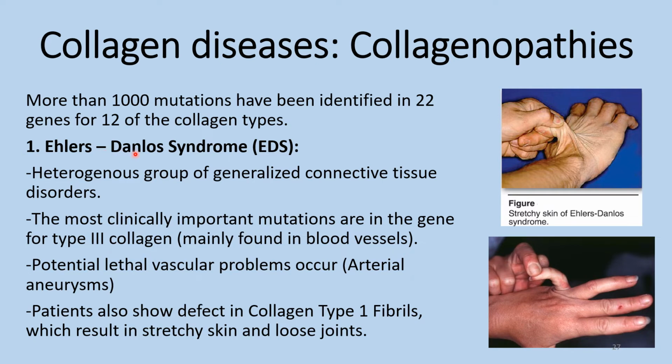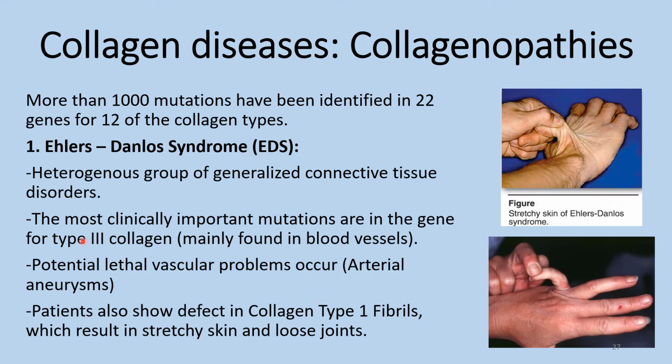One is Ehlers-Danlos syndrome, EDS, which is a heterogeneous group of generalized connective tissue disorders. Clinically, the gene for type 3 collagen is defective, or also there is a defect in the gene of collagen type 1.